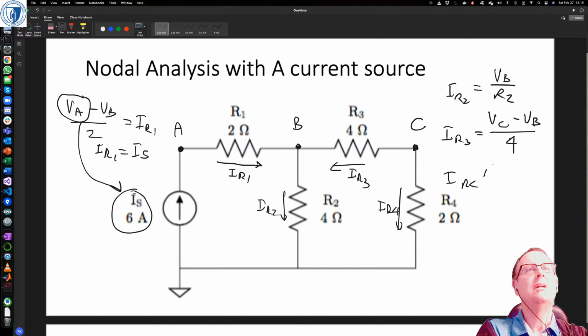IR4 is just VC on 2, and IR2 is VB on 4, because R2 is 4.